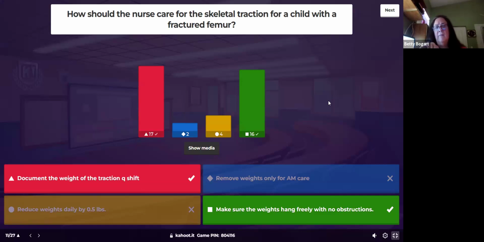You have to document the weight of the traction every shift. And we always keep them free hanging. We don't ever take them off for no reason. We don't get them out of bed. With these children, if you remove those weights, that femur's going to go like that and create more pain again. You keep the weight on, keep the bone straight, and everything is in bed.